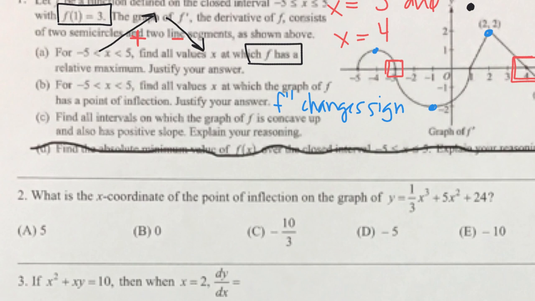So f double prime is the slope of your f prime graph. Right, so we have an f prime graph. Here our slopes are positive, and then we have negative slopes. Right, so that means that our derivative changed signs. We went from positive slopes to negative slopes. And down here we have negative slopes that change to positive slopes.